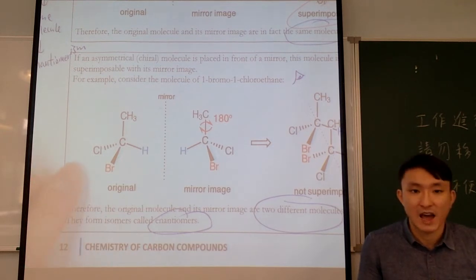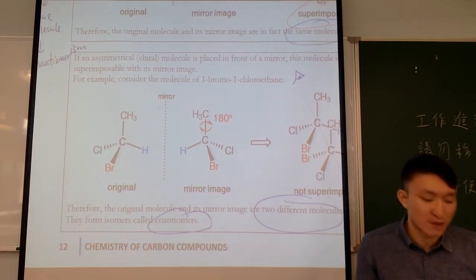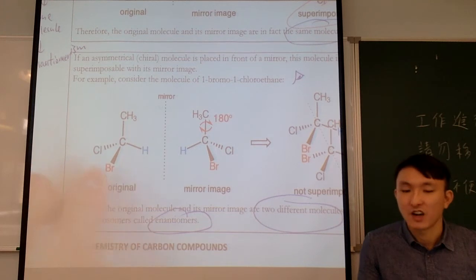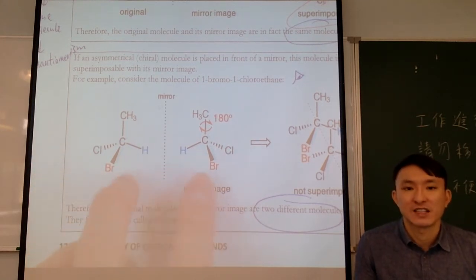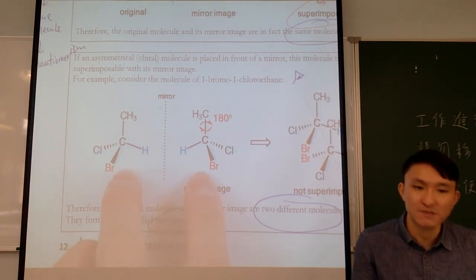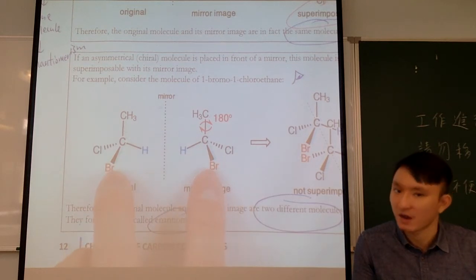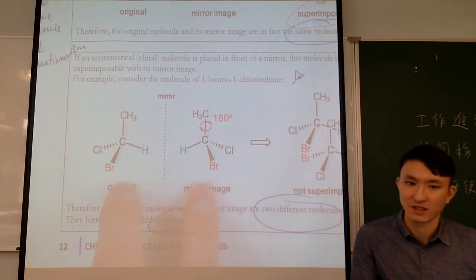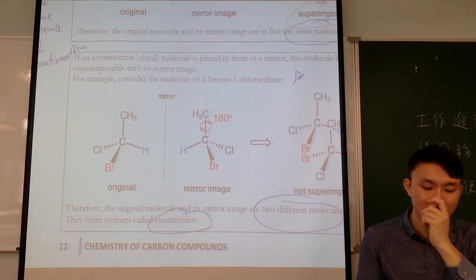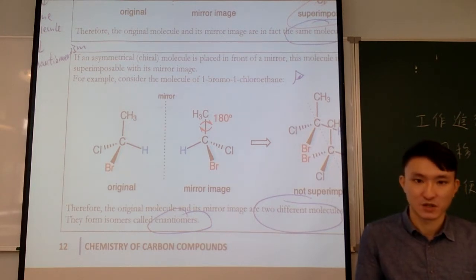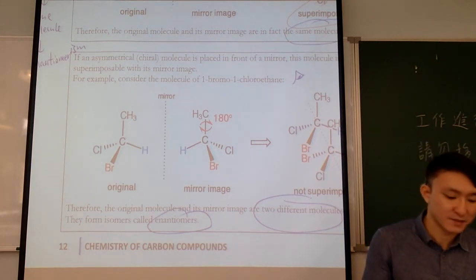Enantiomerism is when we have asymmetrical molecules where the original and the mirror image are not superimposable, meaning that these two are two different molecules, and we describe these two as enantiomers. Okay? So that's the idea.